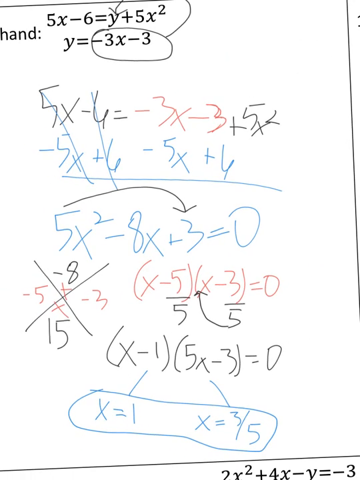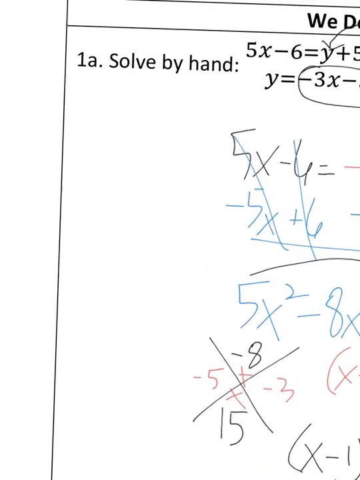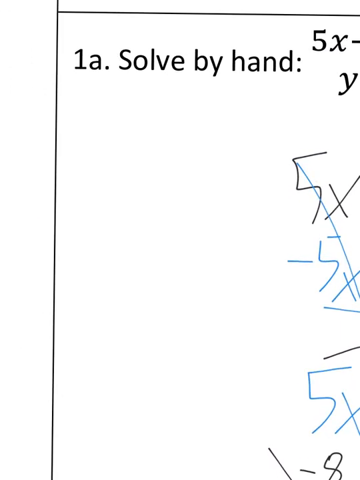So the first equation, or the original equation, I should say, the second one, y equals negative 3x minus 3, it's set equal to y. So all I have to do is plug these values in and figure out the y value. So over here where I have space, y equals negative 3x minus 3, that's going to be negative 6.